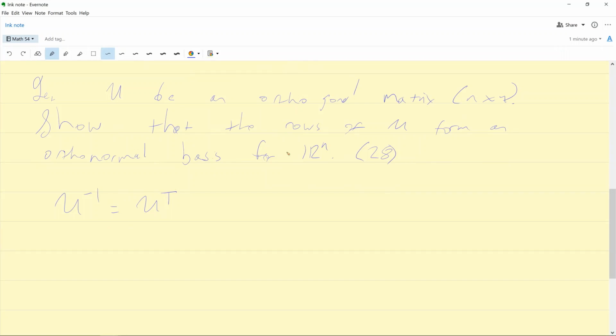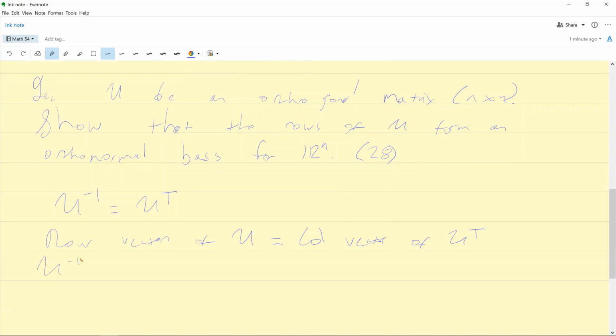So to say something about the rows of U, we can instead make a statement about the columns of U transpose, because the row vectors of U are the same as the column vectors of U transpose. If we know that U is invertible, then its inverse is also invertible, because the inverse of the inverse is just U itself.